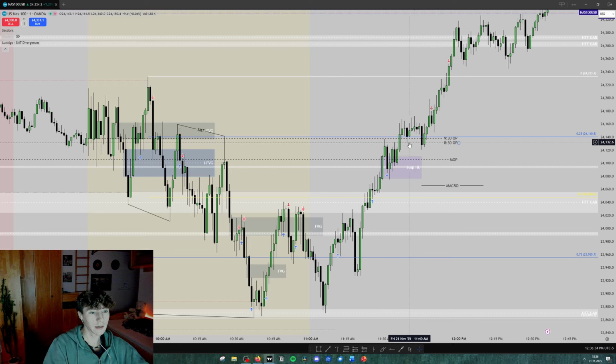So in that case, that's maybe the reason why we spent lots of time in here and had real trouble trading higher. But after we were within the lunch macro, we could displace higher once again. So that's why the upper quadrant is always really important. And yeah, I think that's basically it.